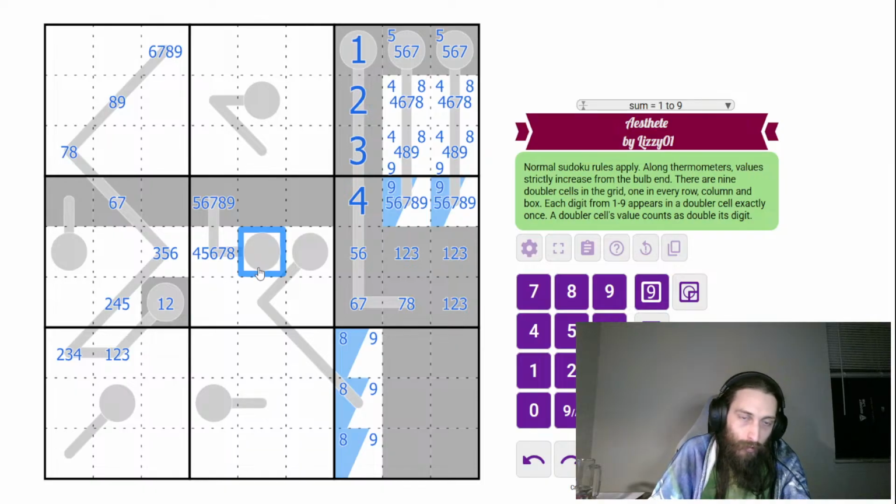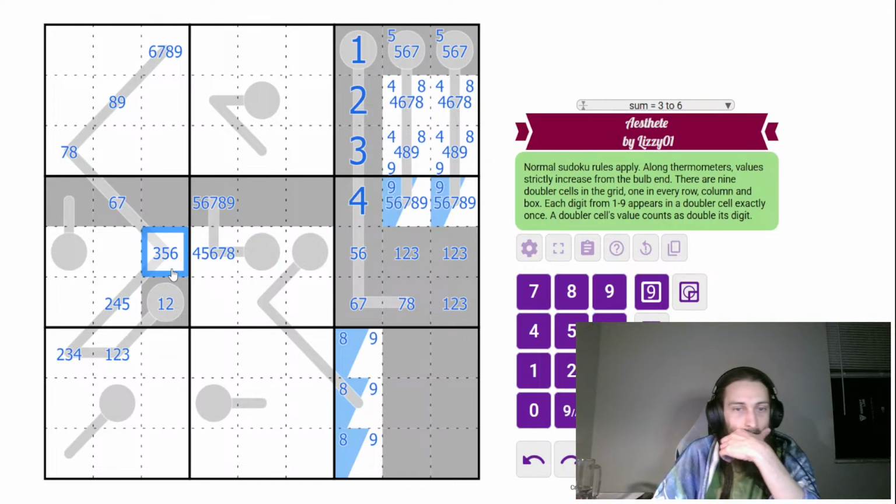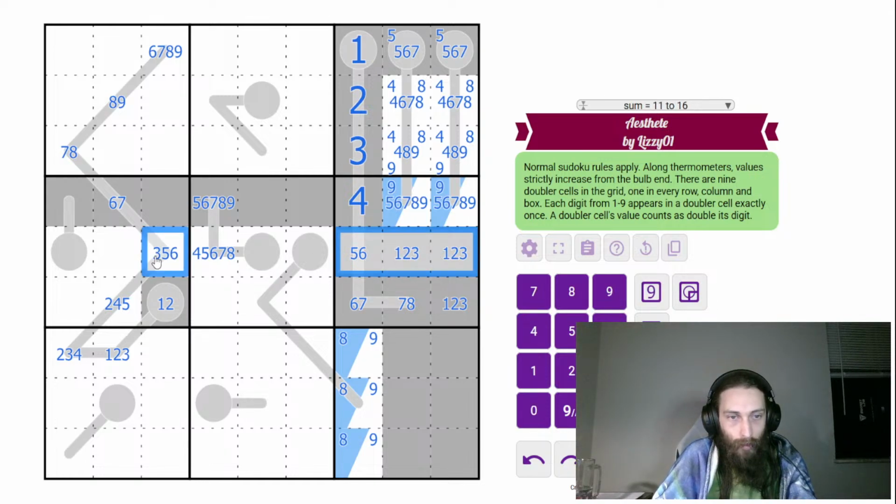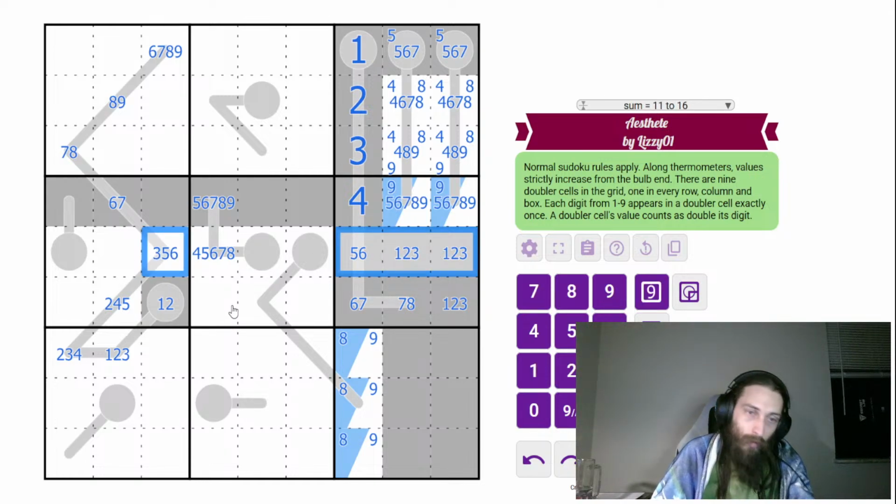But that could be from 1, 2, or 3. Now, we're close to looking at a 5, 6 pair. 1, 2, 3, 5. I would need one more to make that a 1, 2, 3, 5, 6 quintuplet.